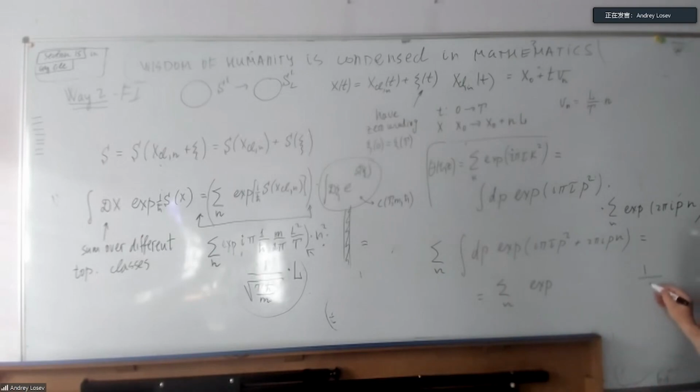So I have a square root of 1 over tau, probably a factor of pi that I don't care about. But what will I have? I will have i n squared over tau.